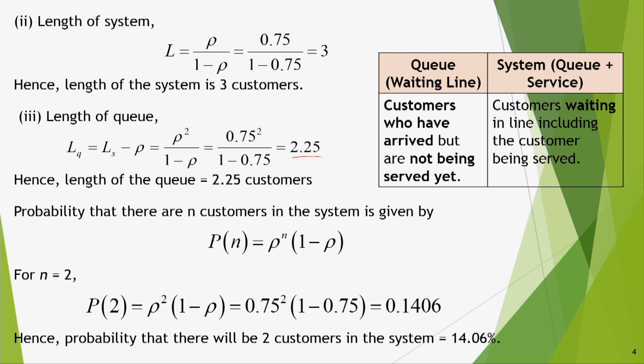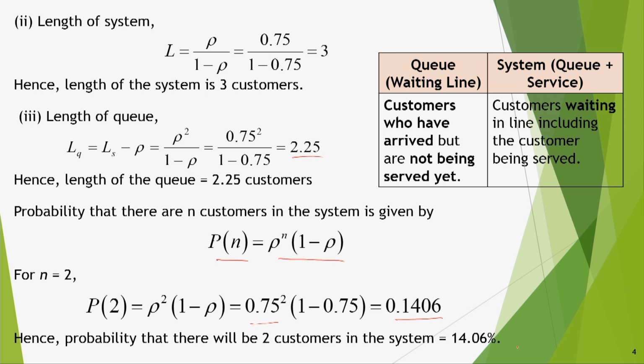There is a formula: the probability that there are n customers in the system is given by Pn is equal to rho to the n times 1 minus rho. So for n is equal to 2, P2 is equal to rho square times 1 minus rho, that means 0.75 square into 1 minus 0.75, which comes out to be 0.1406. Hence the probability that there will be 2 customers in the system is 14.06%.